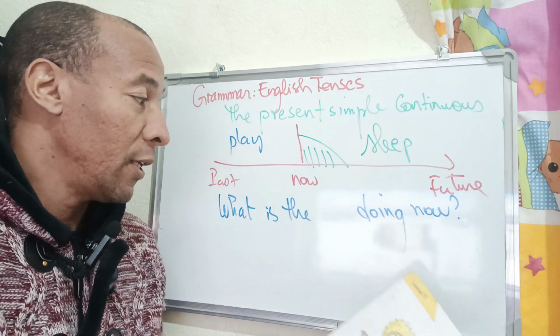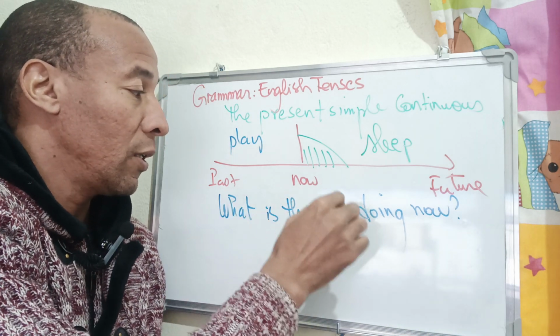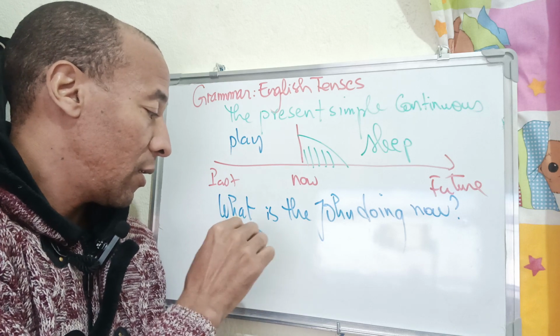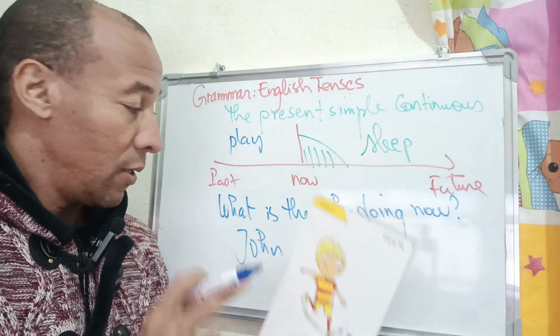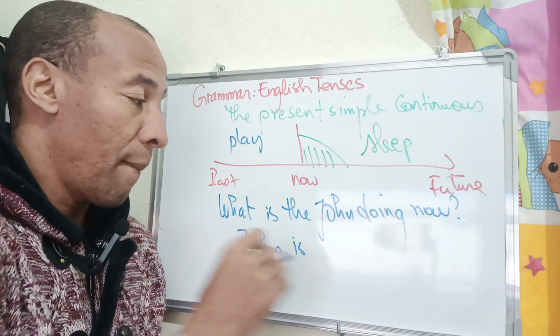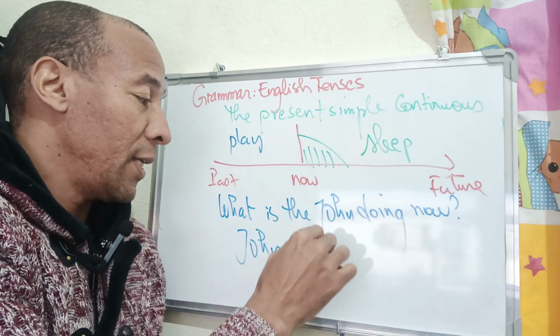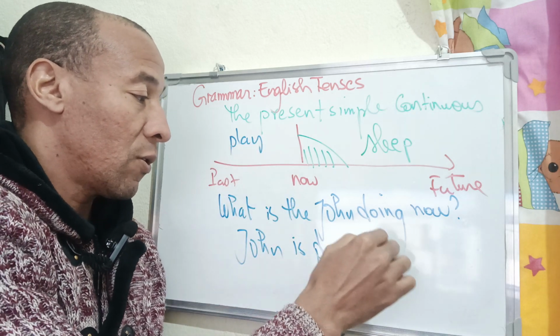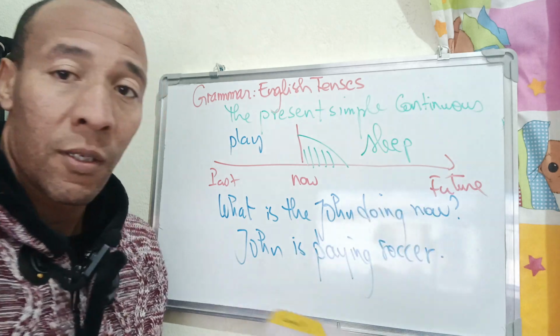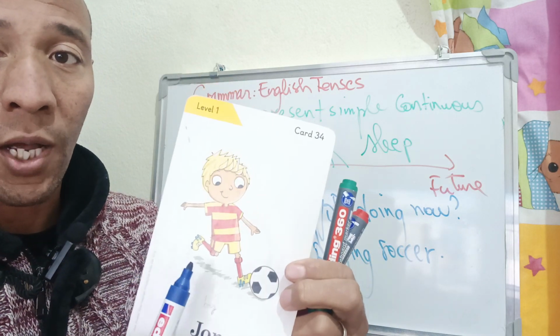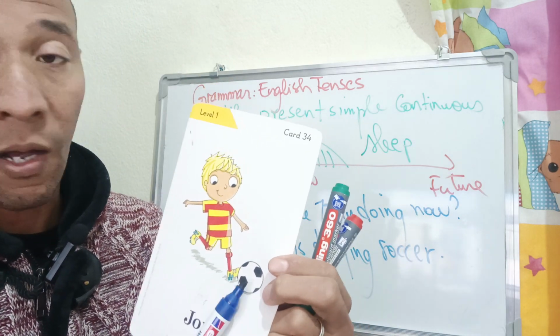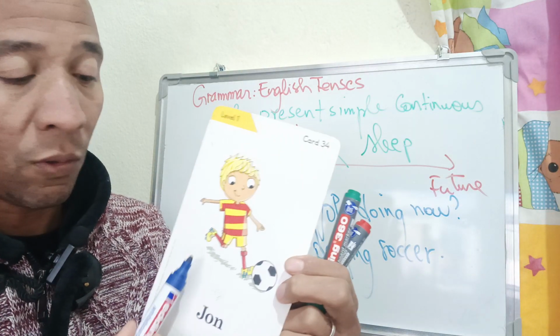So, John is, we have the verb, playing soccer or football. So, John is playing soccer, is playing football or playing soccer.